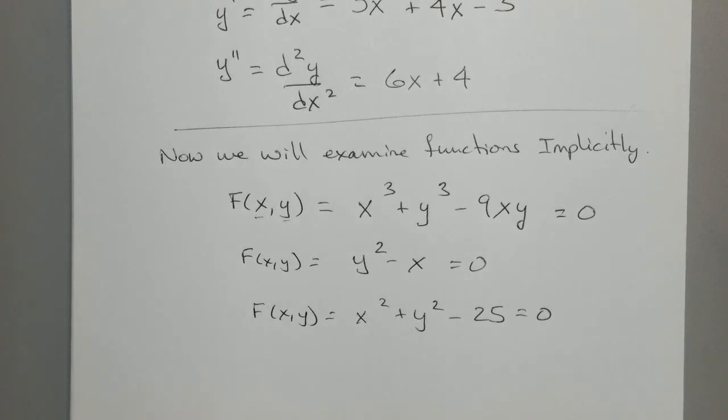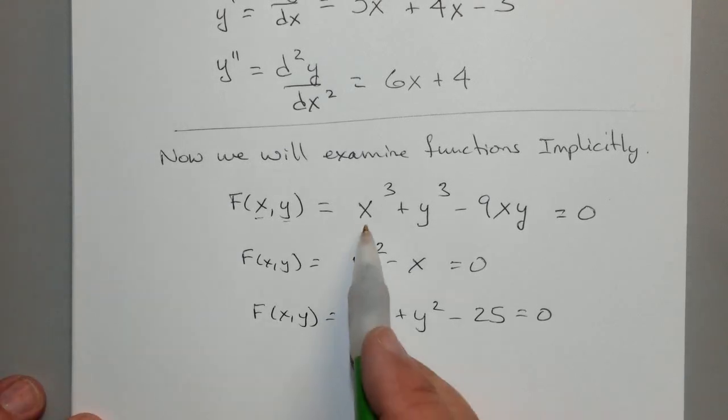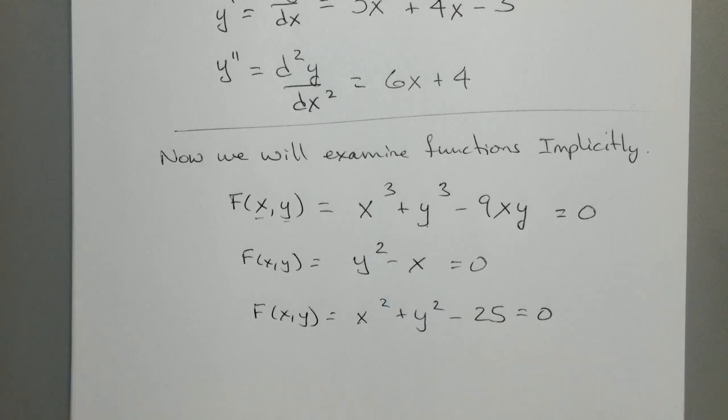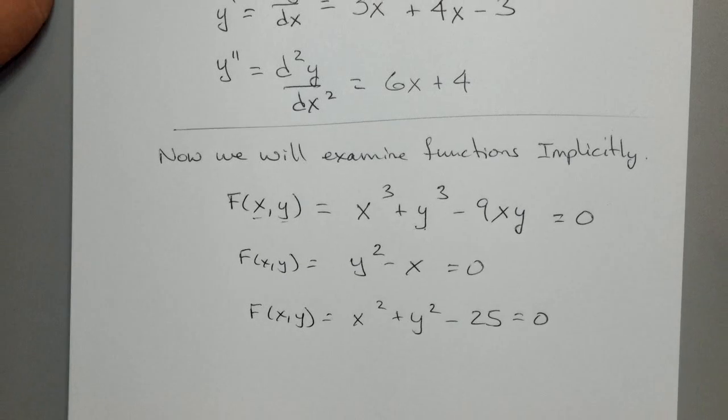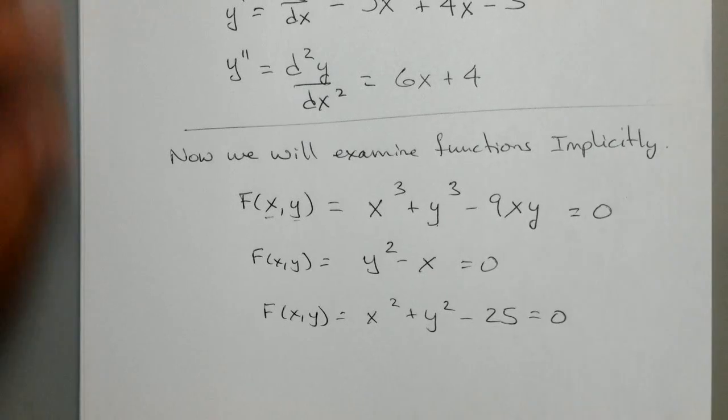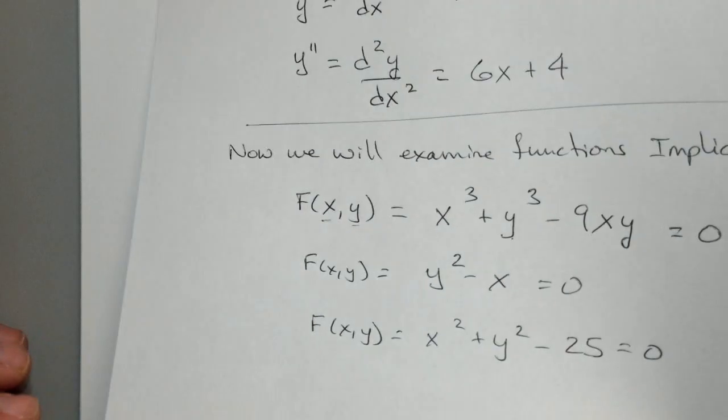They imply differentiation implicitly, where x is a variable as well as y. Well, y is a function of x also. You can solve these. You can solve these two ways.